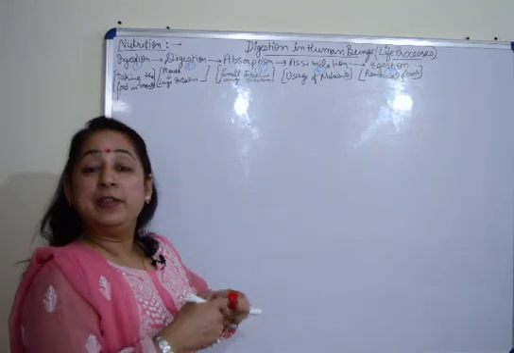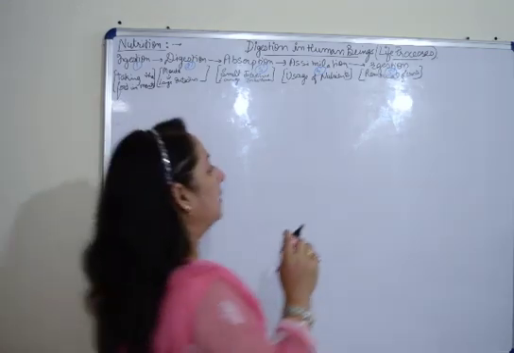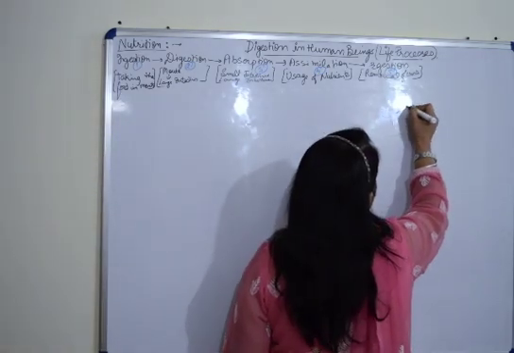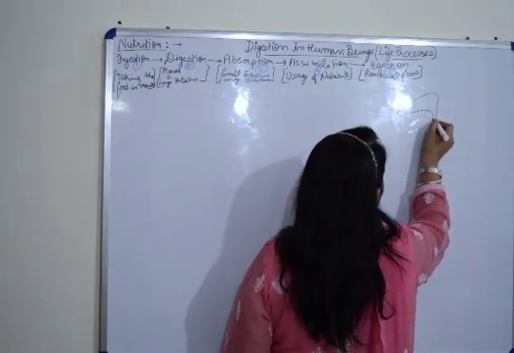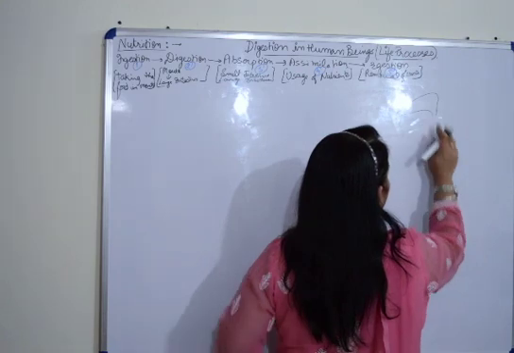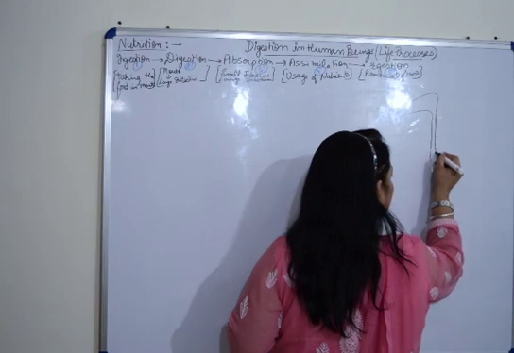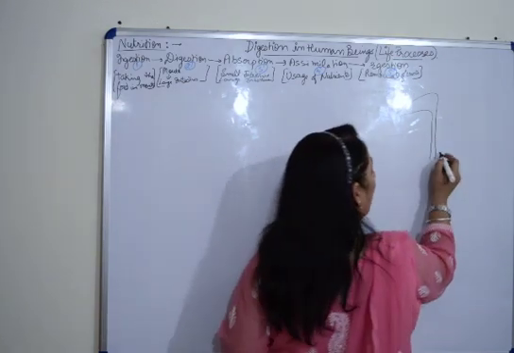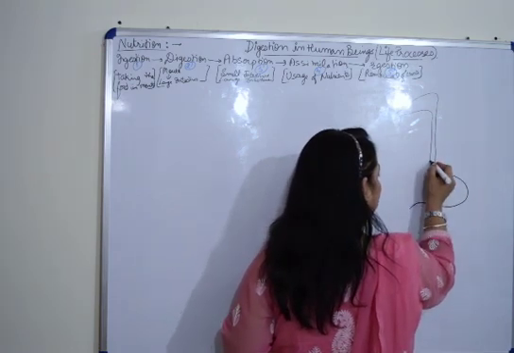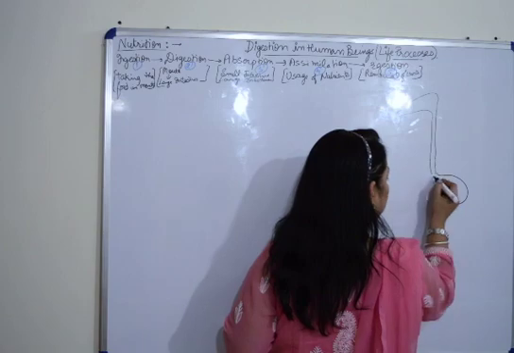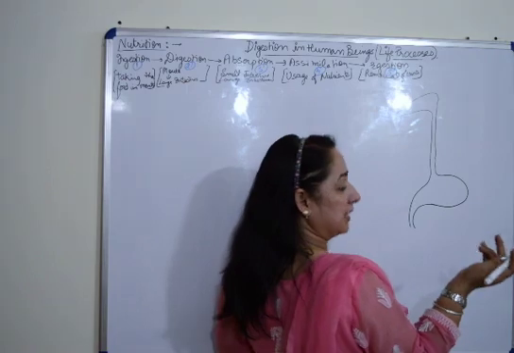Now I will make the alimentary canal and I will tell you each part one by one. Please see carefully. Now when we talk about alimentary canal, it starts from the mouth, moves, or you can say there is a tube which extends further, जिसको हम फूड पाइप बोलते हैं, also known as oesophagus, थोड़ा सा और extend कर देते हैं, which ends up and passes the food down into the next gland structure known as stomach.